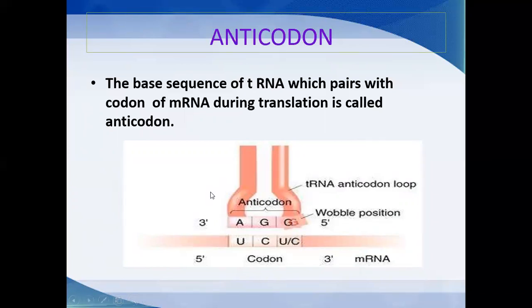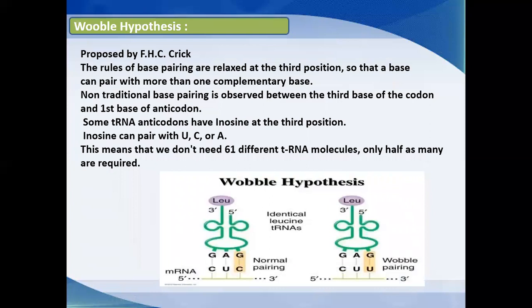So this is the anticodon. Next, we can go to one phenomenon, the wobble hypothesis. The wobble hypothesis was proposed by F.H.C. Crick. In this hypothesis, the rules of base pairing are relaxed at the third position, so that a base can pair with more than one complementary base.